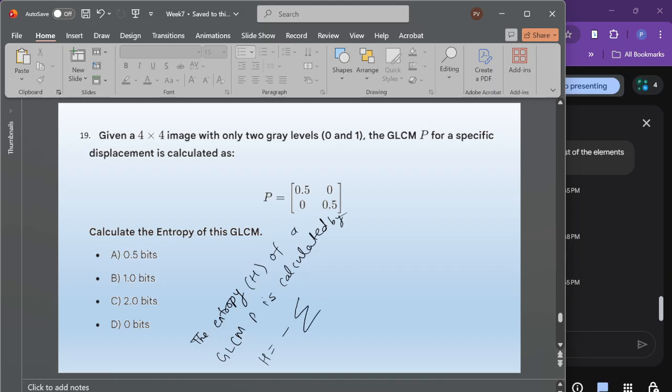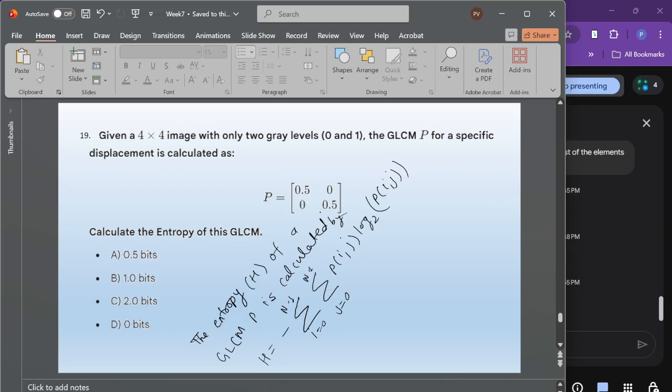H is equal to minus the sum over i, j equal to 0 to n minus 1 of Pij log base 2 Pij.